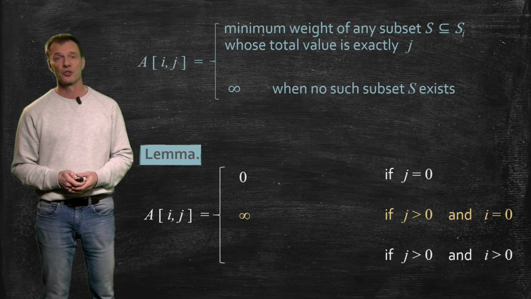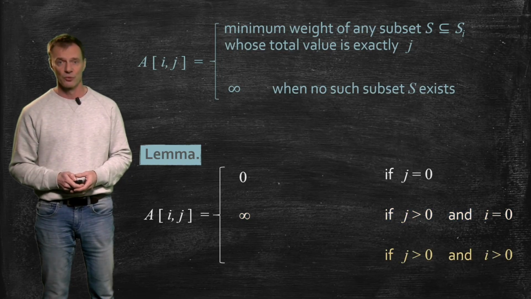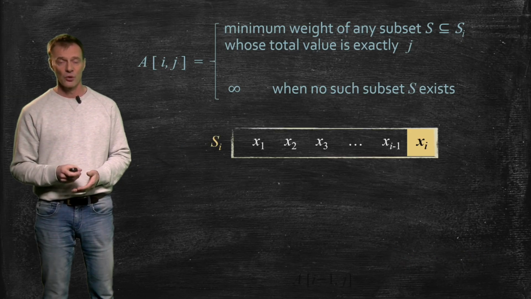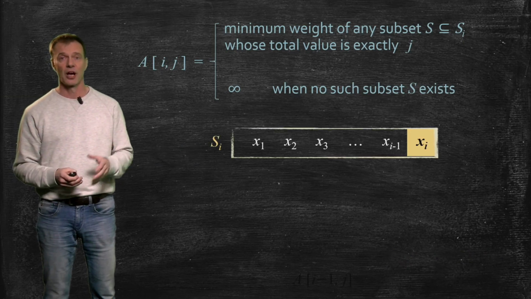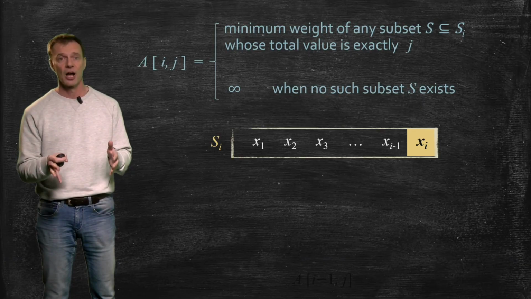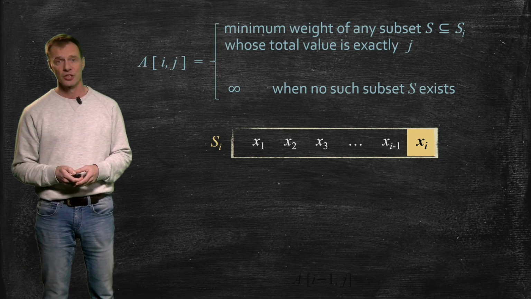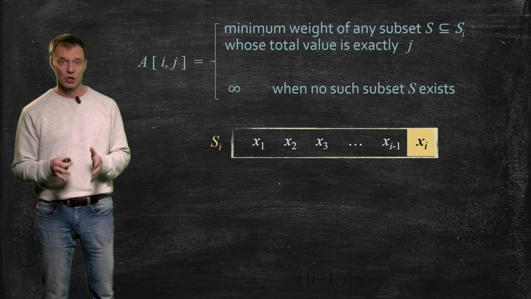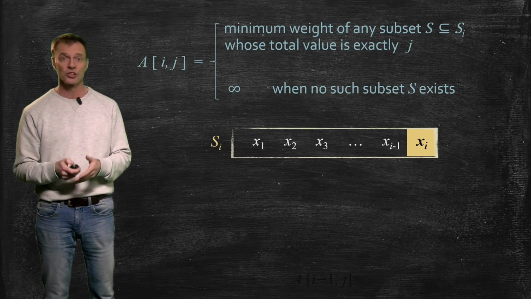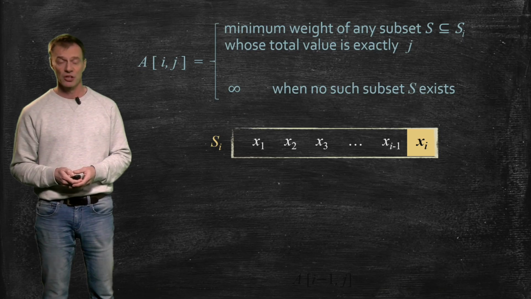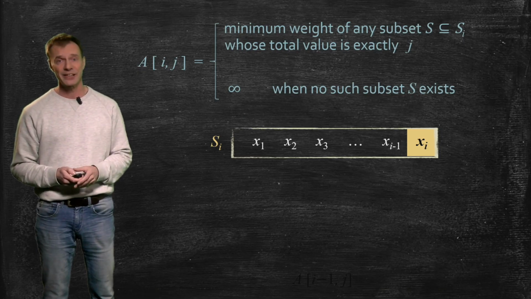So the interesting case is, of course, when j is bigger than 0 and i is bigger than 0. So let's have a look at this case. Okay, so here you see a picture of Si. We want to select our subset from Si. And the question is, can we come up with a recursive formula that tells us what is the best way to select a subset of total value exactly j from Si?